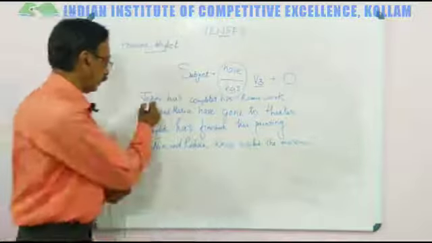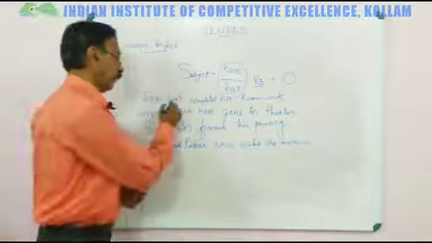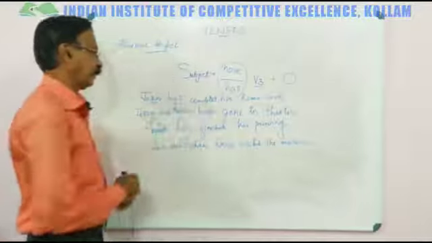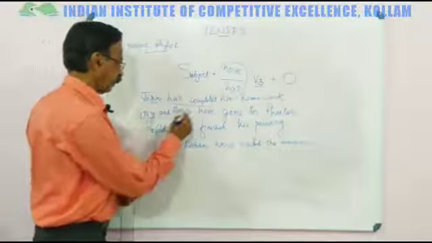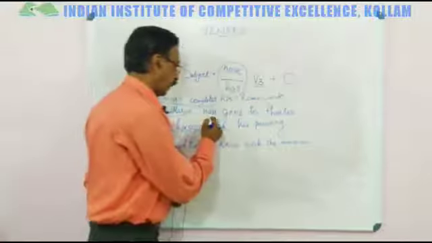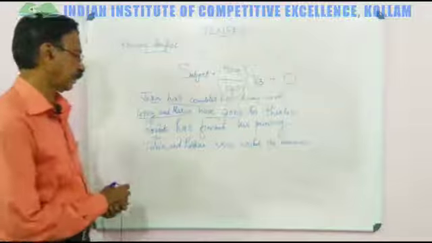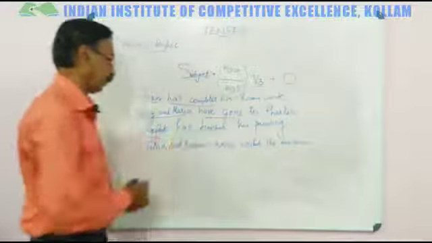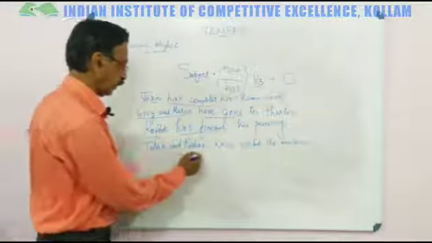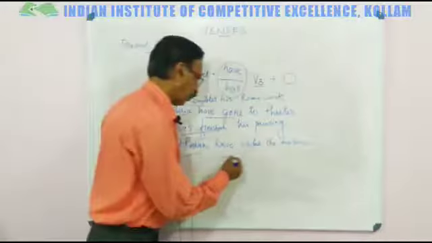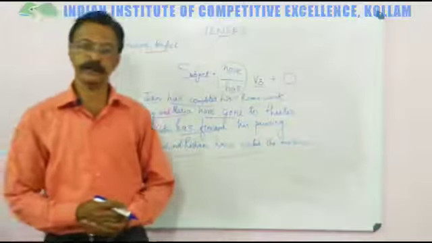Okay. Here it is a singular subject, has completed is used. Here it is a plural subject, have gone is used. Here Rafiq is a singular subject, has finished is used. Telvin and Roshan is a plural subject, have visited is used.